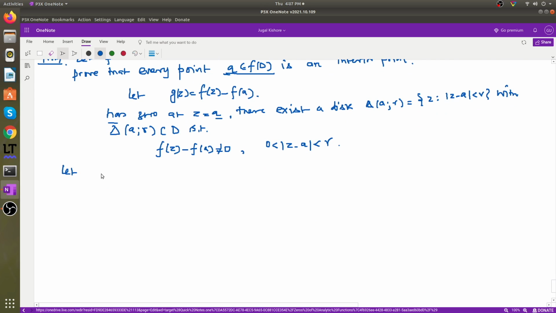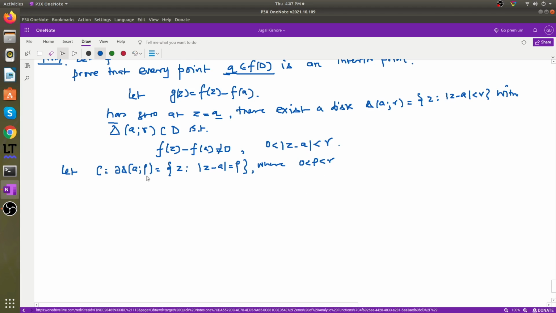Further, let C be the circle at point a of radius rho. That is, the z such that the modulus of z minus a is equal to rho, where rho is between 0 and r.